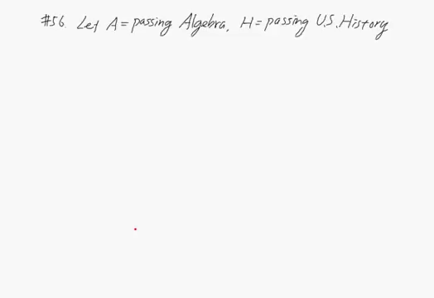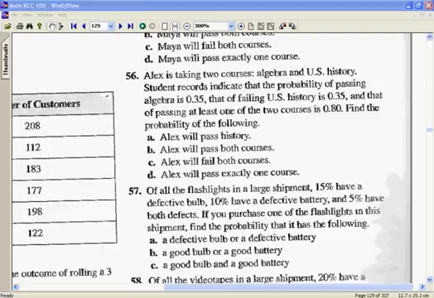Is it 56 or 57? Yeah, 56. It says failing, not passing. Yeah, I know. I can use the complement of the passing to define the failing, right?